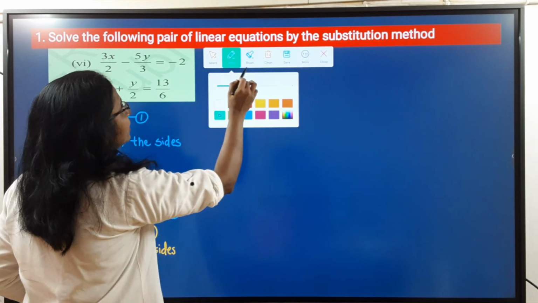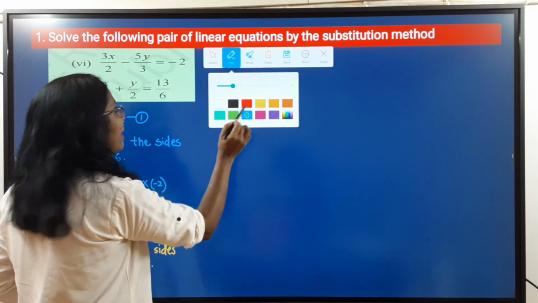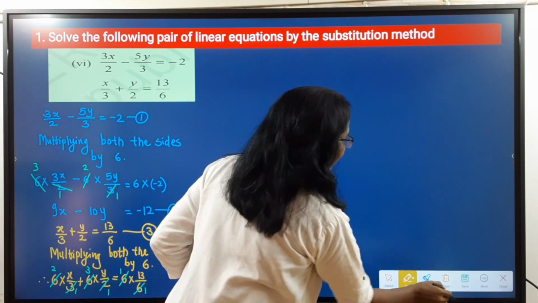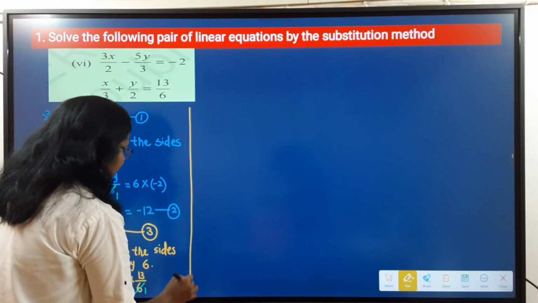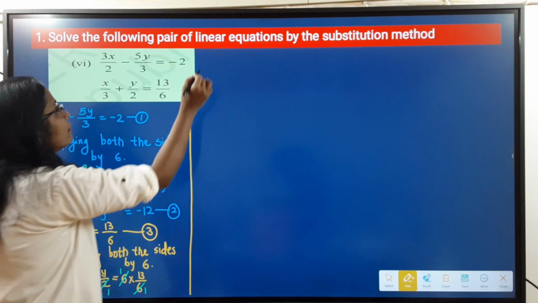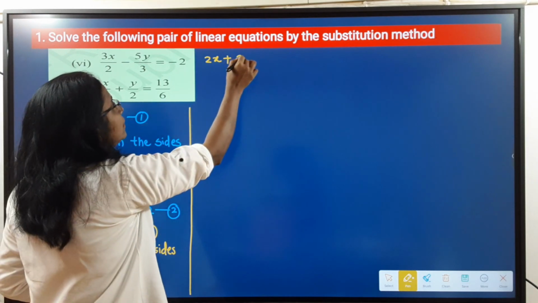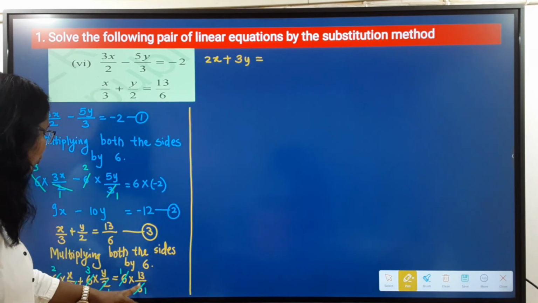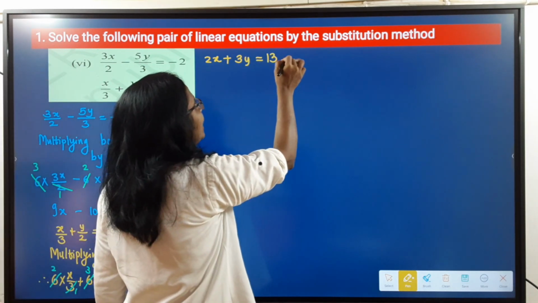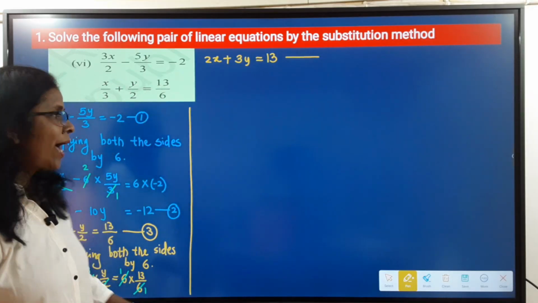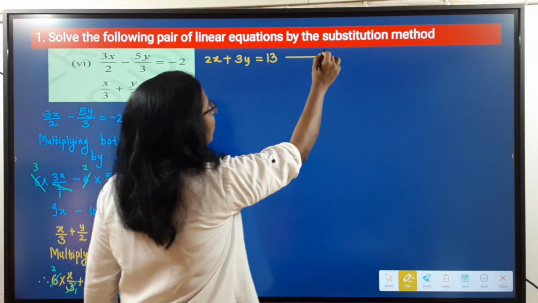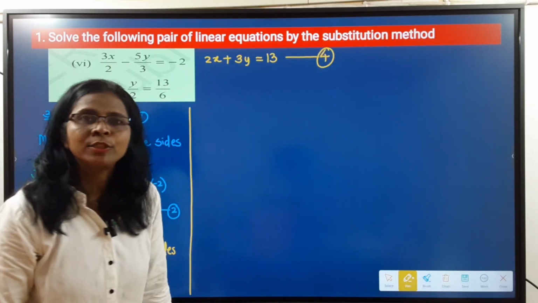And the remaining part is, students, 2x plus 3y is equal to 13. And I call this simplified equation the fourth equation.